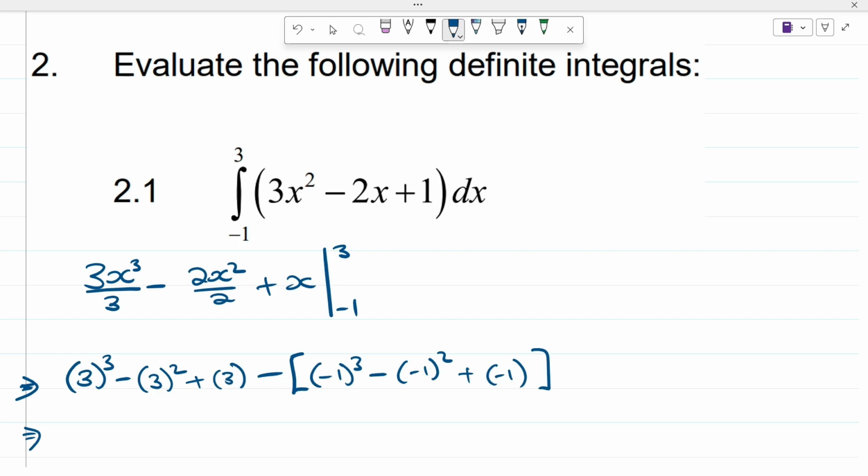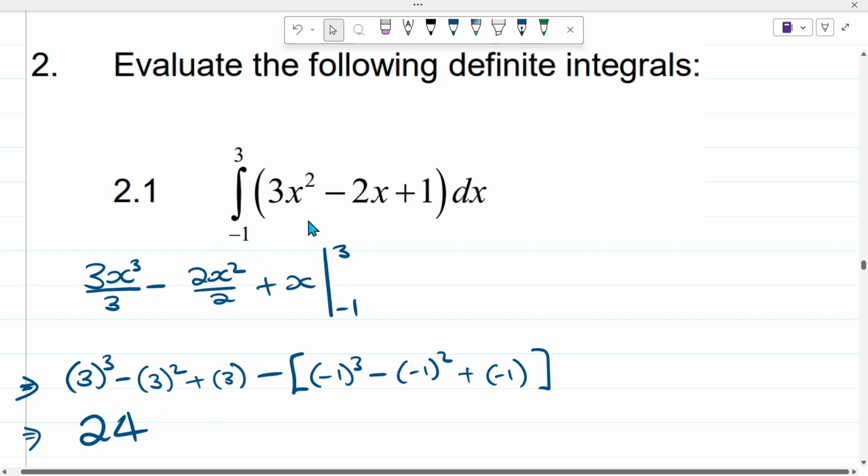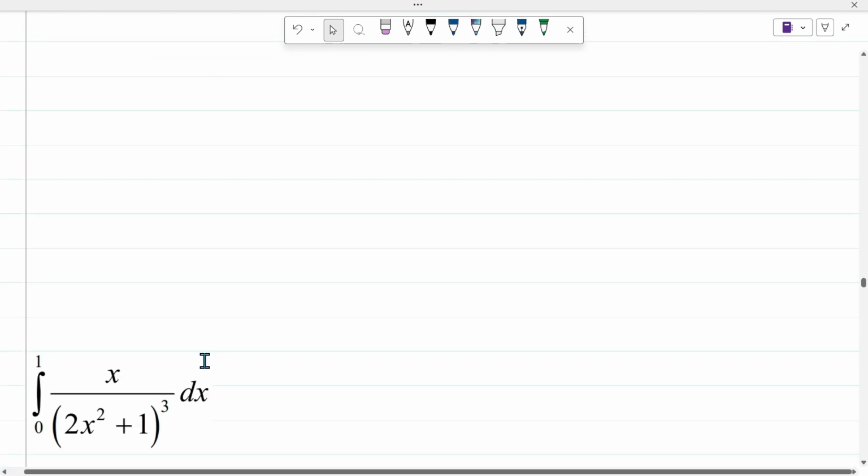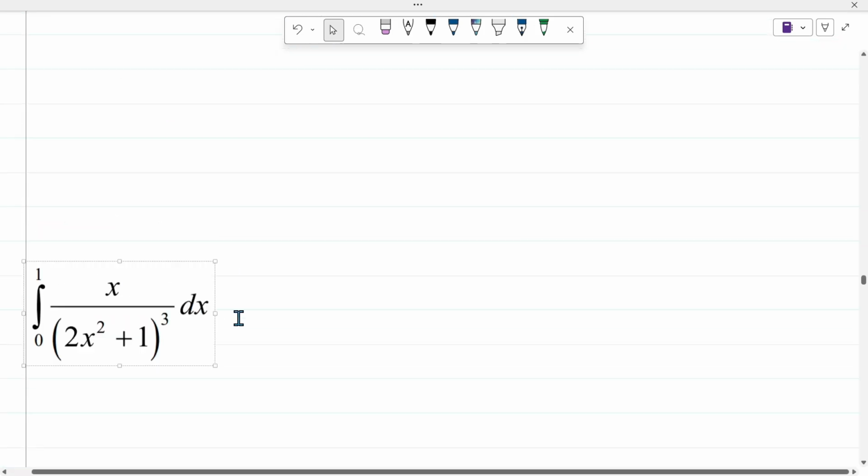Then you should be able to get something like 24 on your calculator there. So yeah, the answer is going to be 24. And then that's it. Then again, let's try to solve another one quickly.